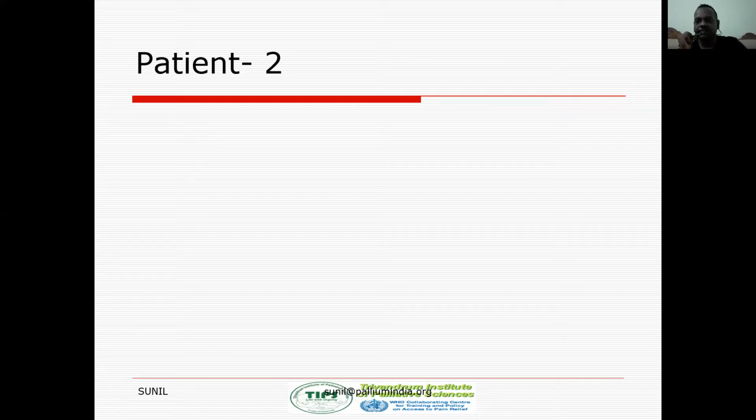But after starting methadone, the patient came walking to our outpatient department. So even though we did a conversion which is not given anywhere, the effect of methadone on this patient's neuropathic pain was very good, and she got excellent pain relief.